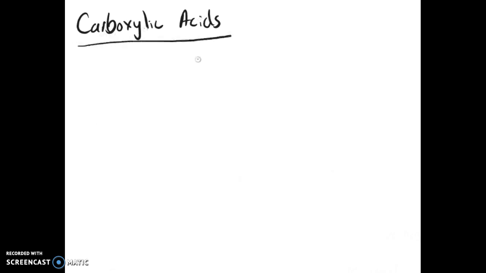Next, we have carboxylic acid. Now, carboxylic acids are organic compounds that contain a carboxyl group on a terminal carbon. The carboxyl group formally looks like this, which is basically a carbonyl group with a hydroxyl group on it.